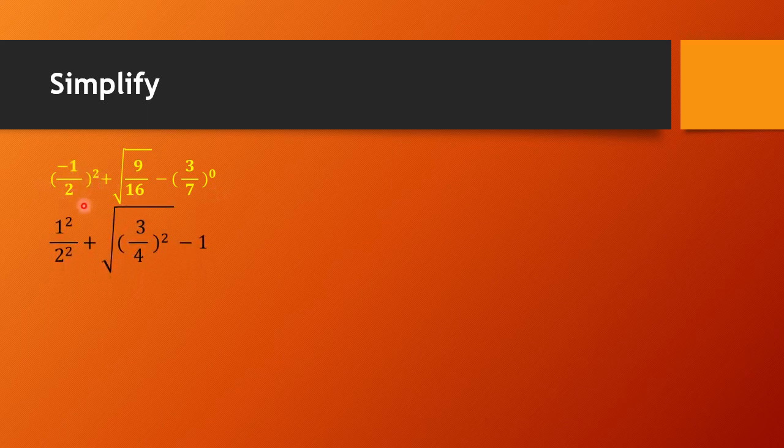This equals 1 power 2 over 2 power 2 plus square root of (3 over 4) power 2 minus 1. 1 power 2 equals 1 and 2 power 2 is 4, plus the absolute value of 3 over 4, minus 1, equals 1 over 4 plus 3 over 4 minus 1. 1 over 4 plus 3 over 4 is 4 over 4, minus 1. 4 over 4 is 1. 1 minus 1 equals 0.